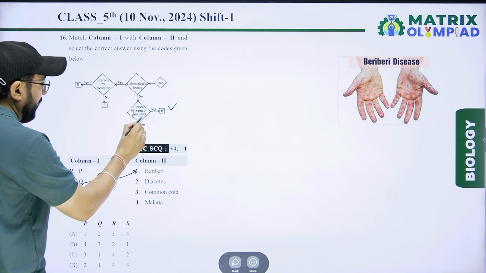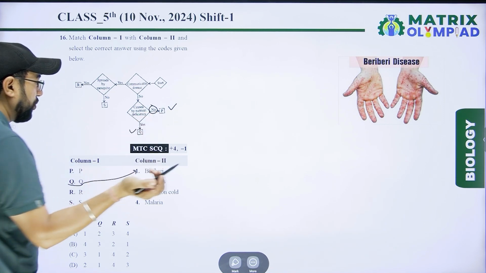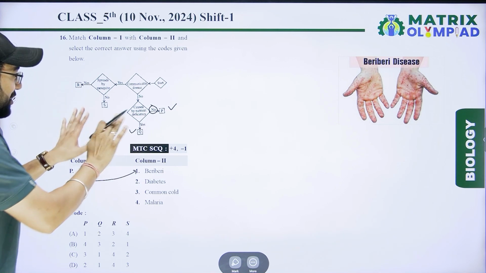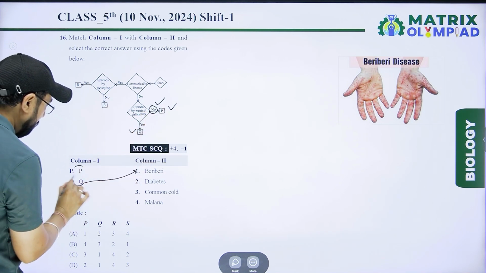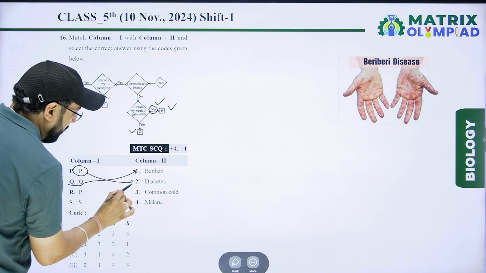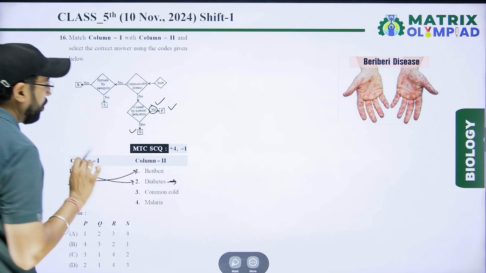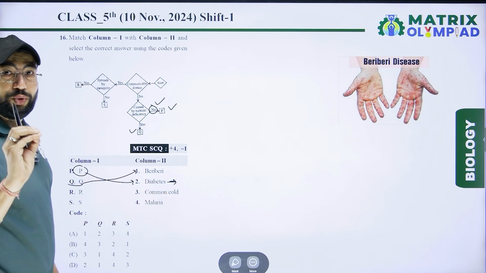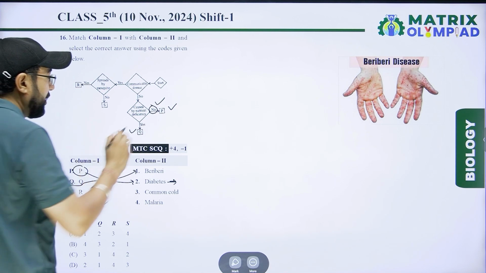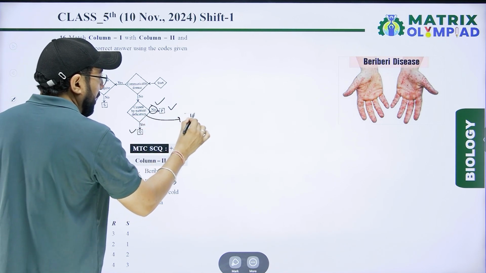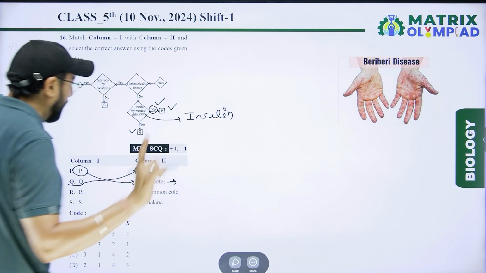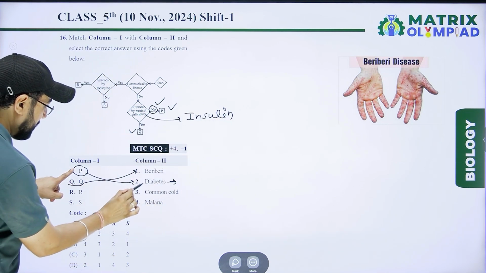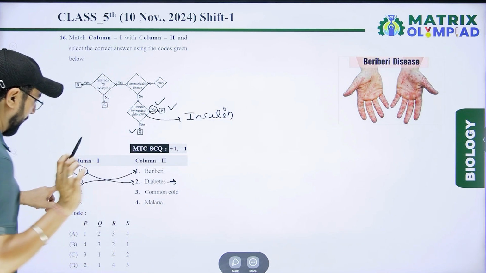And P, caused by nutrient deficiency, no. So according to this flow chart, the condition is no. P is matched with diabetes, that is not a nutrient deficiency. This one is caused by insulin deficiency. So the correct match is P second, Q 1.